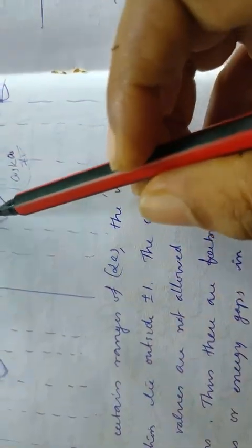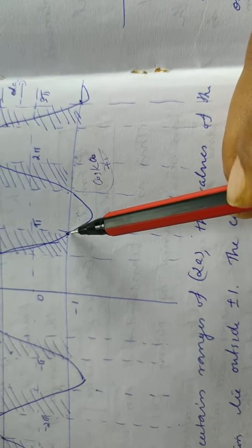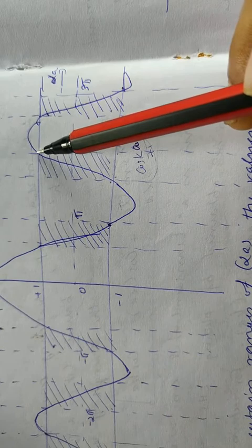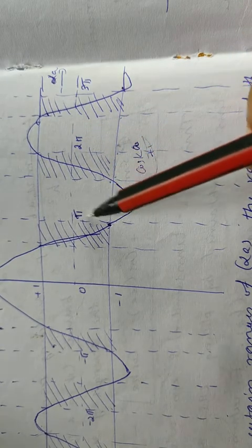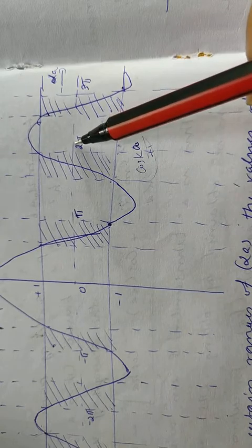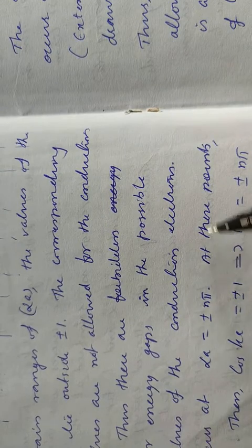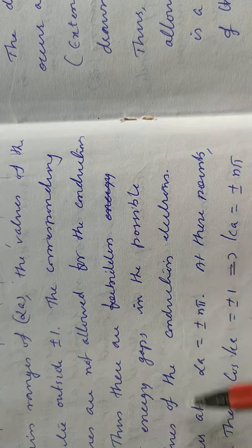So you can see this outside region occurs at minus pi, pi, 2 pi, 3 pi, etc. So for alpha A equal to plus or minus n pi, the regions will be forbidden regions.